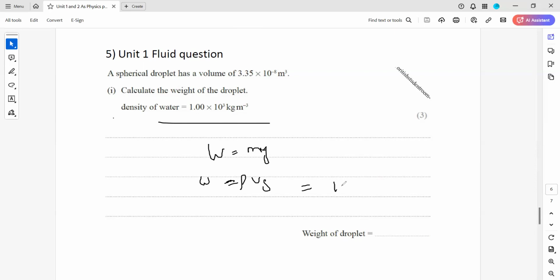The density is 1 into 10 to the power 3, the volume is 3.35 into 10 to the power minus 8, and the gravity is 9.81. When you multiply all these three factors, you will get the weight, which will be 3.29 exponent minus 4 Newton.